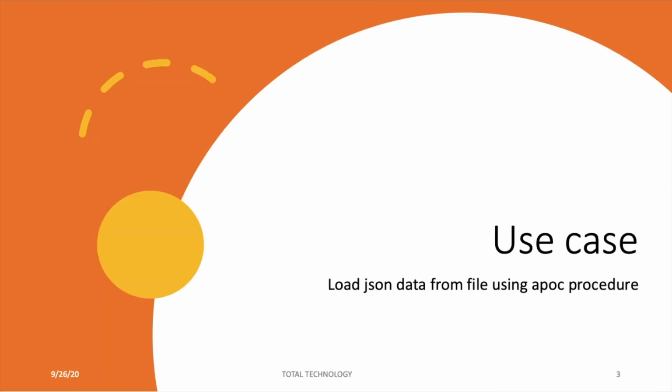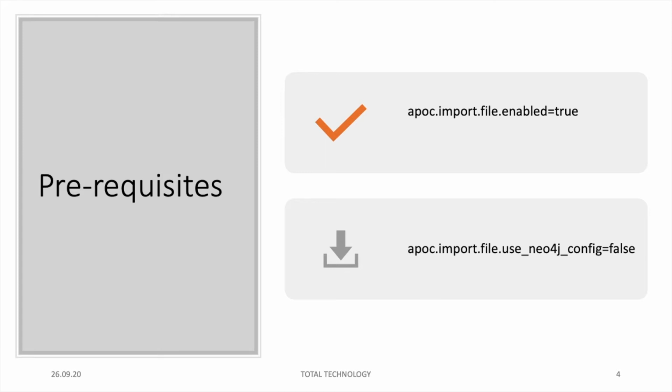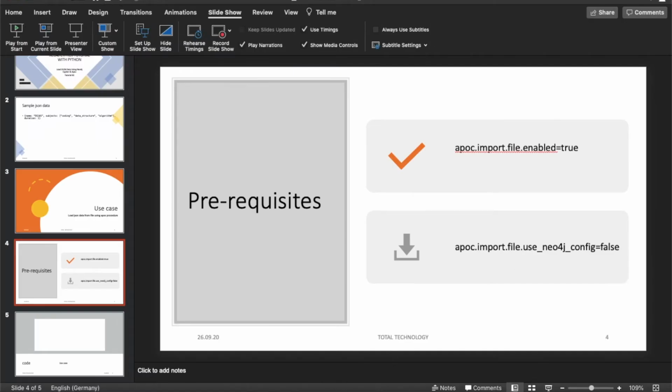Okay, so the same thing: load JSON data from file using Apoc procedure. The important thing is that for reading the JSON file you have to enable apoc.import.file.enabled=true and apoc.import.file.use_neo4j_config=true. In the last tutorial we saw this, but let me show you where I enable this.